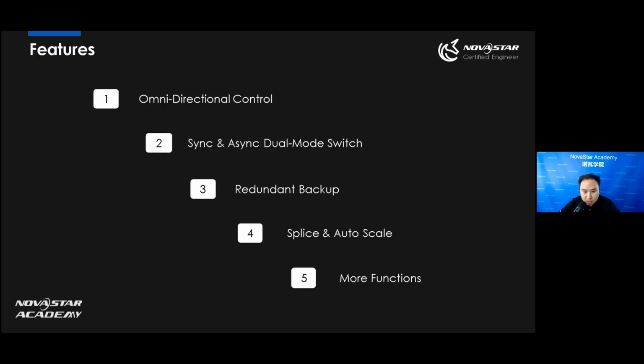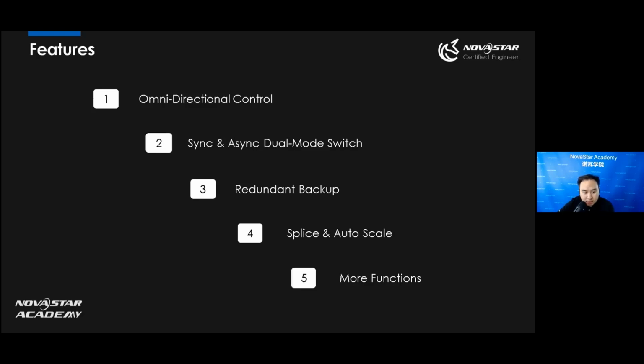But for Taurus series cards, for TB3 and TB6, it can do the redundancy backup automatically. The fourth is the splice and the auto scaler, which means if your screen size is smaller or bigger than the video source, it can support the auto scaler function.